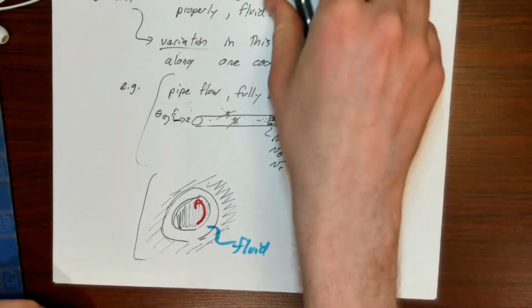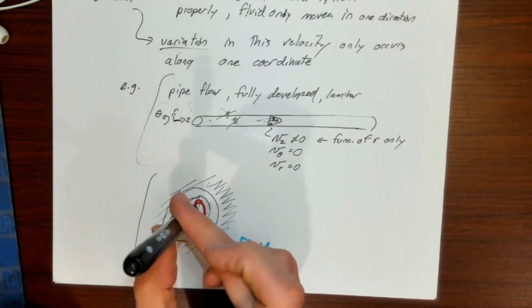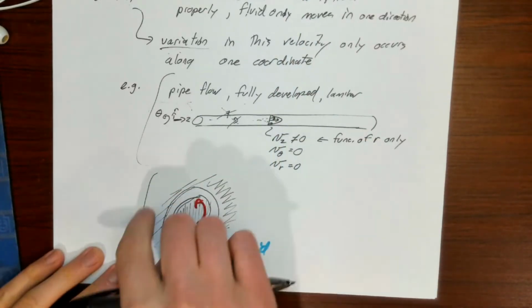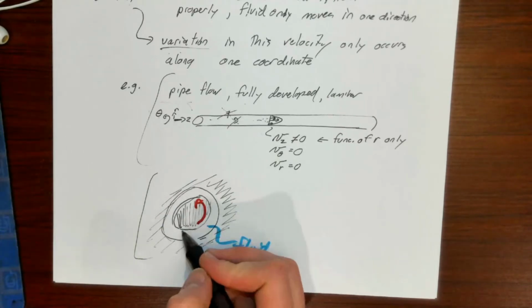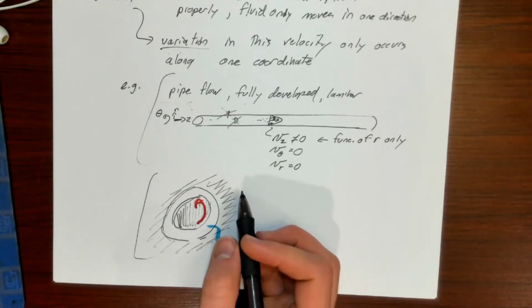So I basically have a spinning shaft inside of a stationary housing. And this is an example of lubricated journal bearings that are used in a lot of machines.